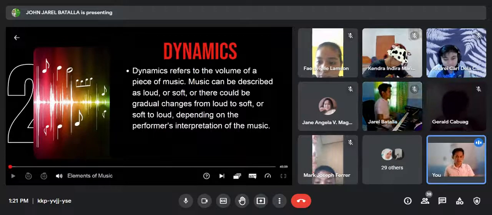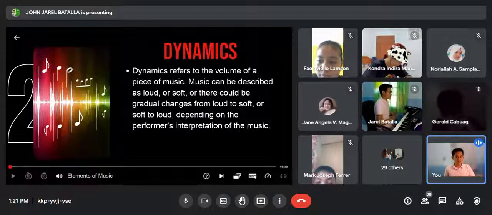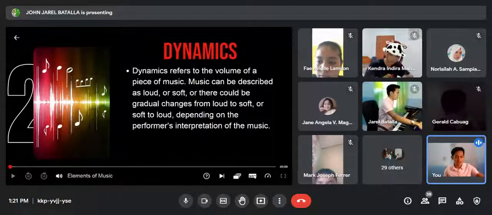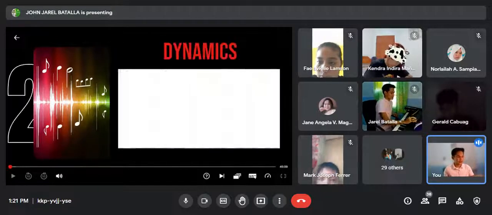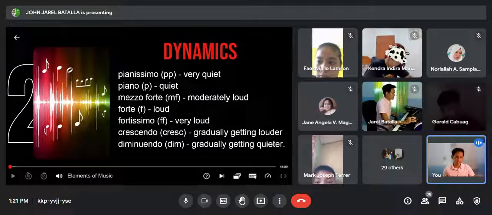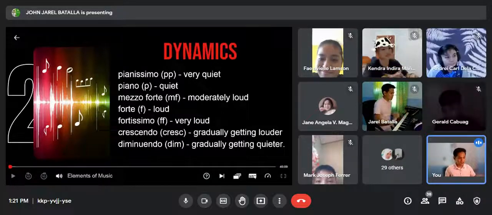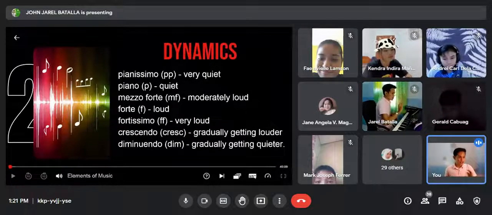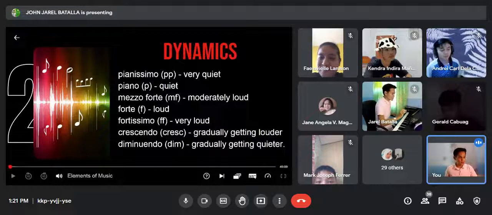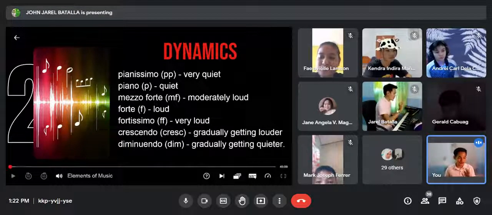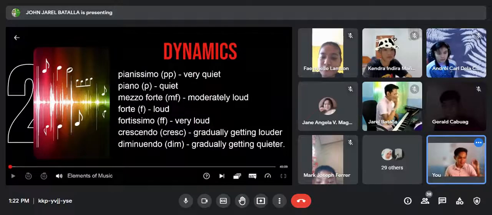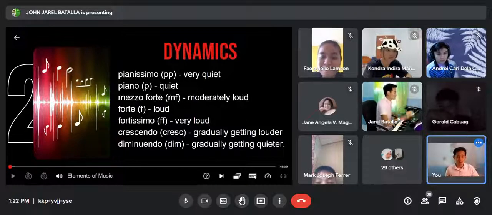As simple as that. But there are several Italian terms that are used to describe the dynamics. We have pianissimo, very quiet; piano, quiet; mezzo forte, moderately loud; forte, loud; fortissimo, very loud; crescendo, gradually getting louder; and diminuendo, gradually getting quieter.